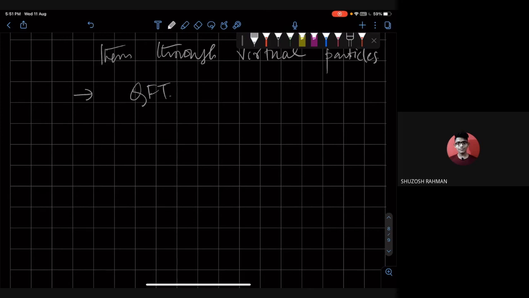Number two is that in the Schrodinger equation, it's very hard to build in the evanescence of particles, right? For example, photons. Photons are particles which do not have any charge, so photons can be absorbed and emitted. The total number of photons in an experiment is not conserved.